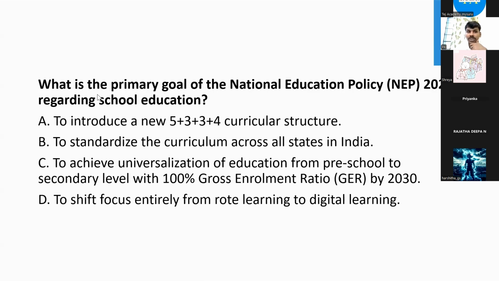Please remember the question is what is the primary goal of National Education Policy 2020. So Sandra, Pariksha, Spurti have said A and the rest of you have said C.